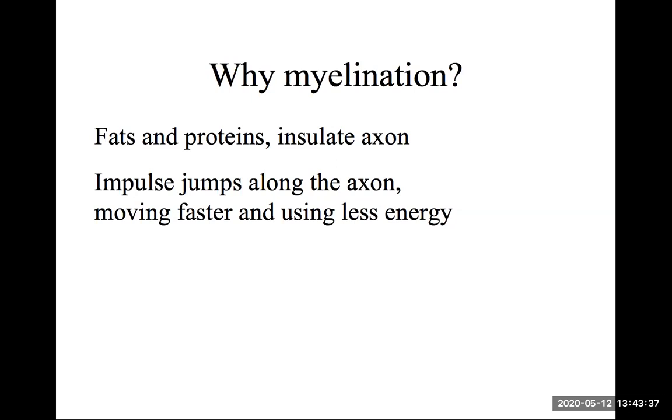Remember repolarization and depolarization that we talked about with the heart? It's the same idea. When an action potential travels down an axon, it requires ATP to reset. So when an axon is myelinated, the action potential moves faster and less energy is required.